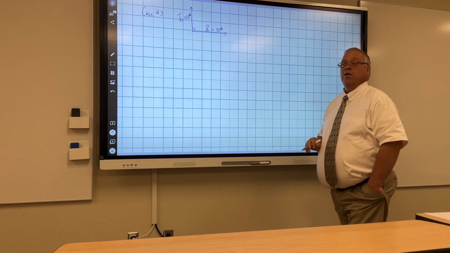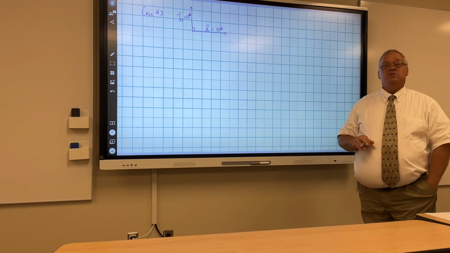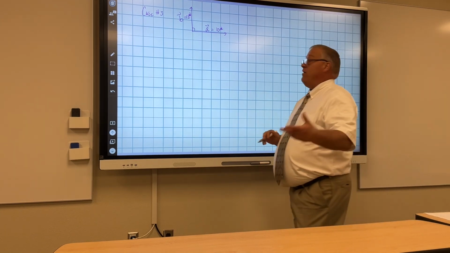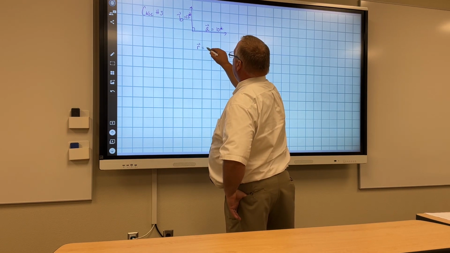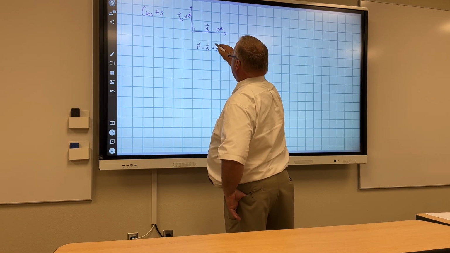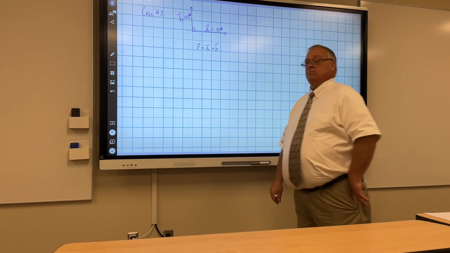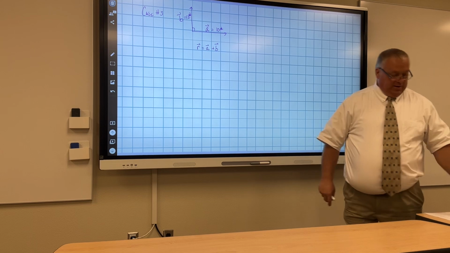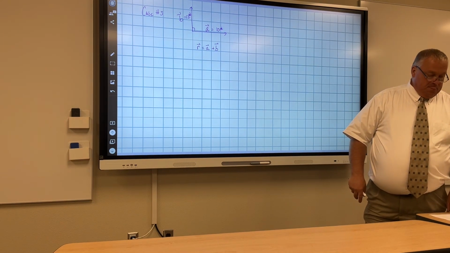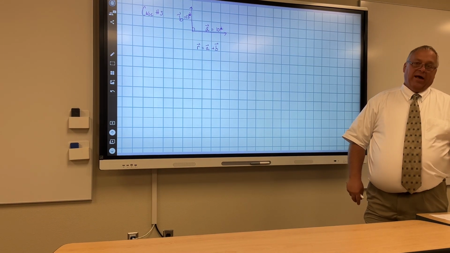So now, R is still, by definition, the resultant vector, vector A plus vector B. Nothing's changed. We're still taking a vector sum. How do we add these?